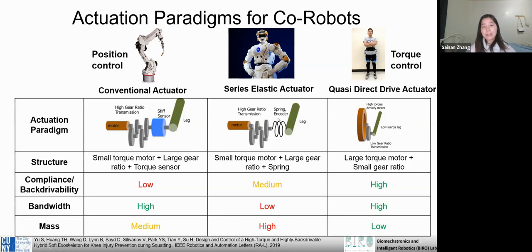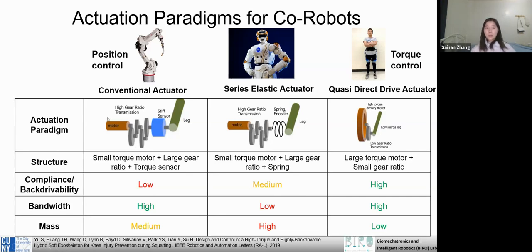The difference is that they use a spring transmission to replace the stiffness transmission, with the same load. For the Quasi-Direct drive, we use a large diameter, large but shorter motor, a small gear ratio, and a small load.